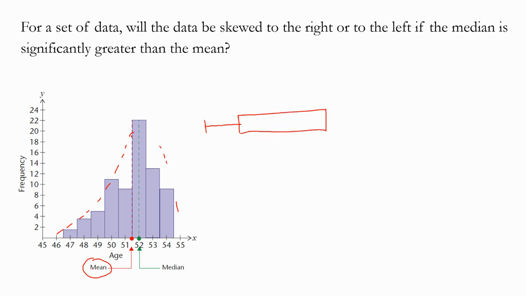The median Q2 will be here, and this is the mean. The mean is less than the median when it's negatively skewed, or you can say the median is greater than the mean.